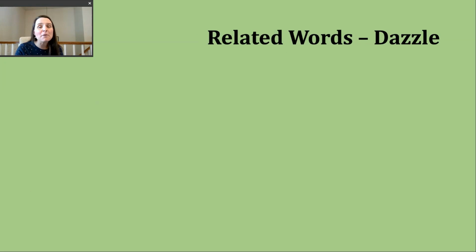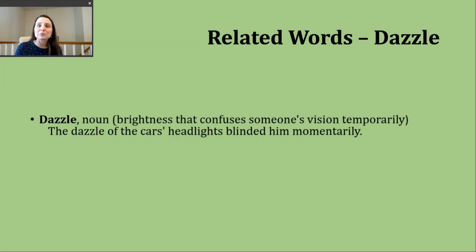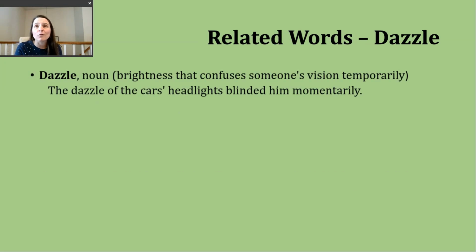Now, let's spend a moment looking at some words that are related to our verb dazzle. The first word we're going to look at today is just the noun form of this word. If you hear dazzle used as a noun, generally it's going to refer to the brightness that kind of impairs or confuses our vision. And again, it's done just shortly.